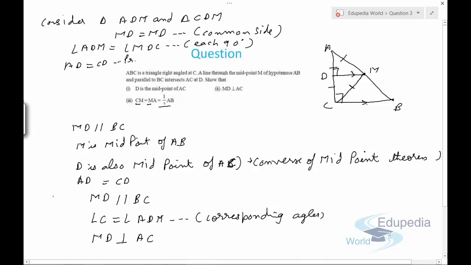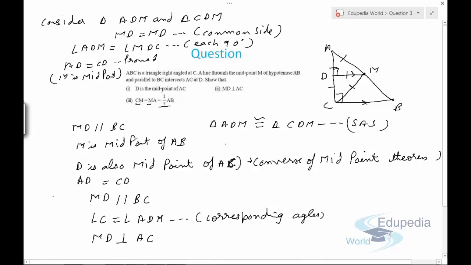We have proved that D is a midpoint, right? Then we have three conditions: two sides and the included angle. So we can say that triangle ADM is congruent to triangle CDM by SAS, right?